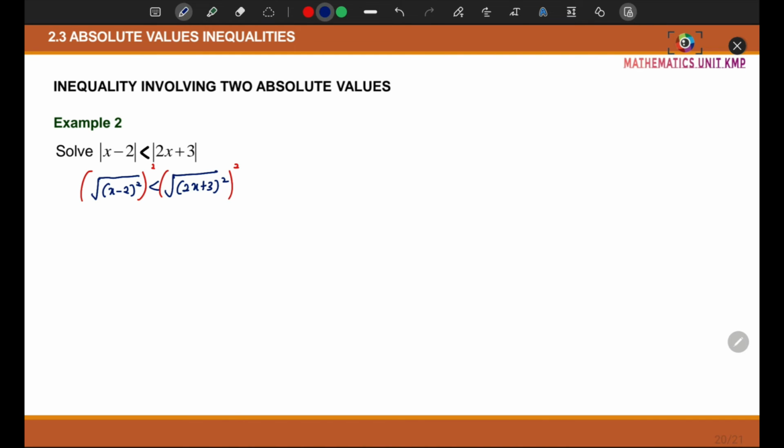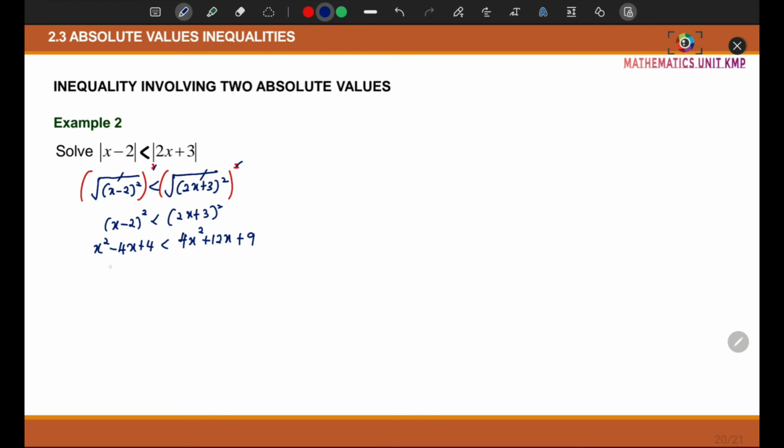Then we simplify the square root and the square. It will leave us with (x minus 2) squared less than (2x plus 3) squared. Then we expand our brackets. We have x squared minus 4x plus 4 less than 4x squared plus 12x plus 9. Then we will simplify our inequality.